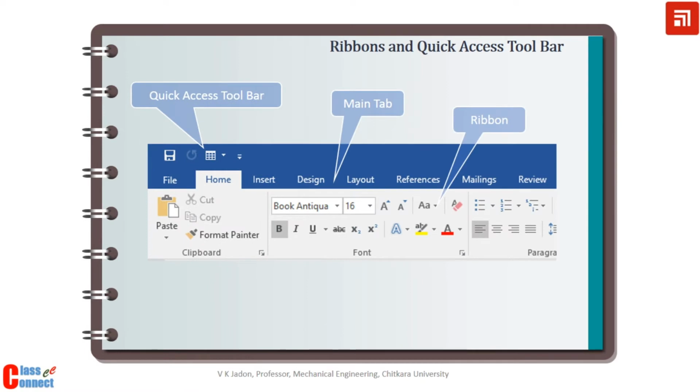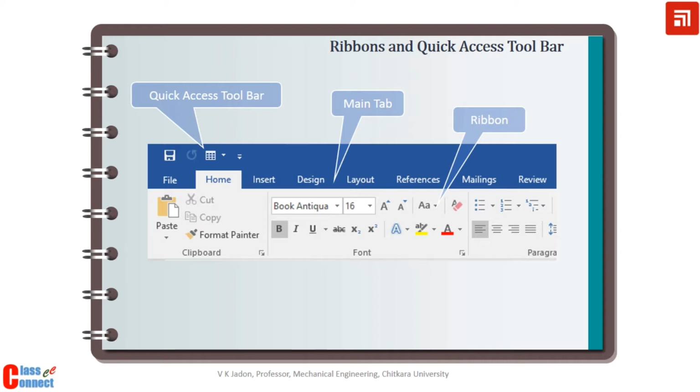Then ribbons and quick action toolbar are the most important aspects of Microsoft Word, and our focus will be on customizing the quick action toolbar, main tabs and ribbons. We can add any number of tabs as we are interested in, so that we can arrange a number of features and commands that we access through the ribbon, which is below the main tab.